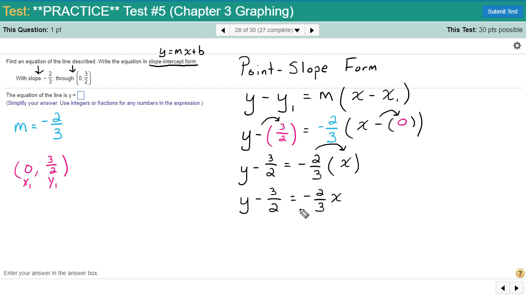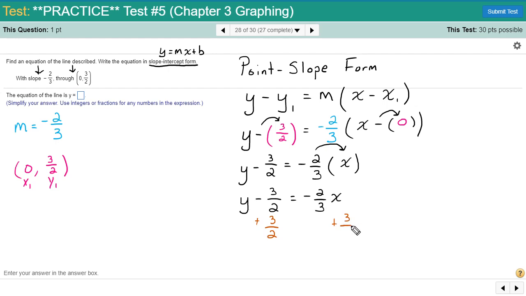So yes, there are fractions in this equation, but we don't have to clear them, because in order to get this equation into y equals mx plus b, look how easy it is. All we have to do is move this constant, this negative 3 halves, from the left to the right by adding it.